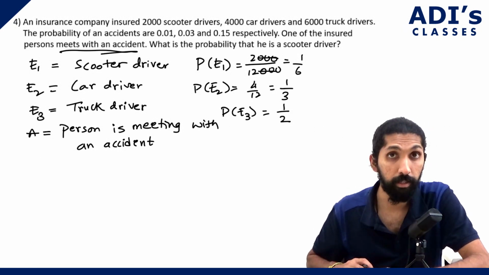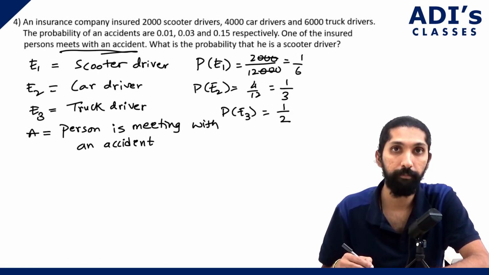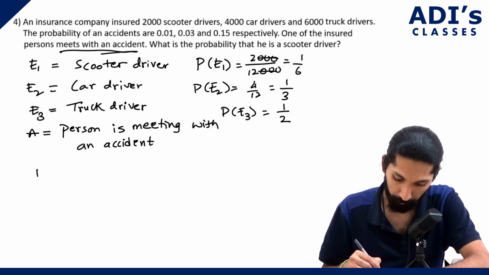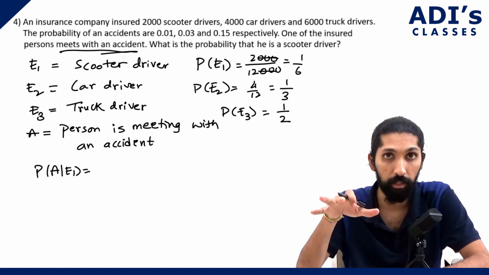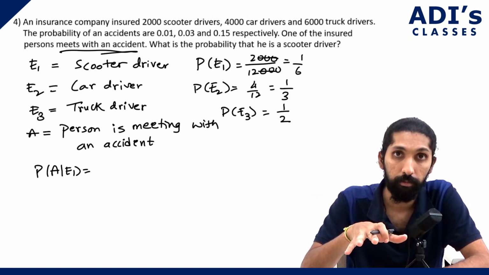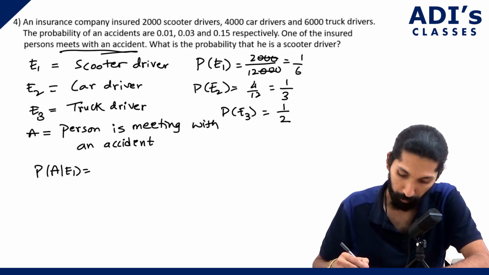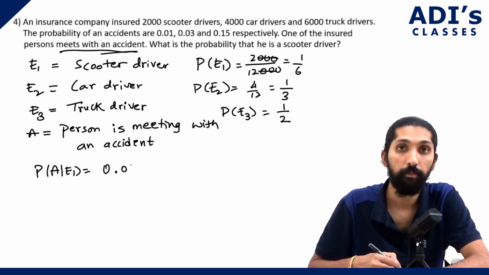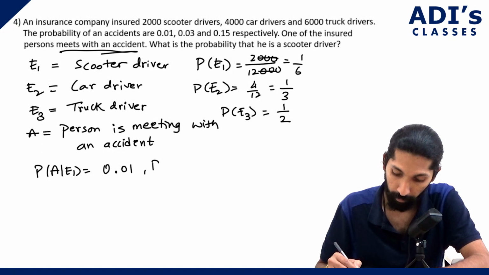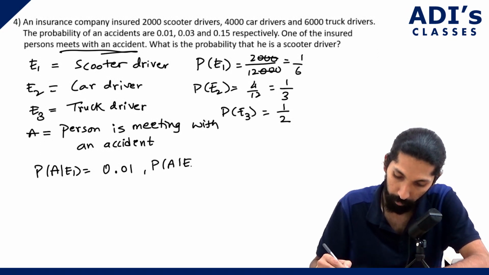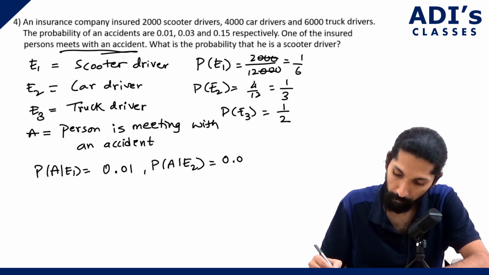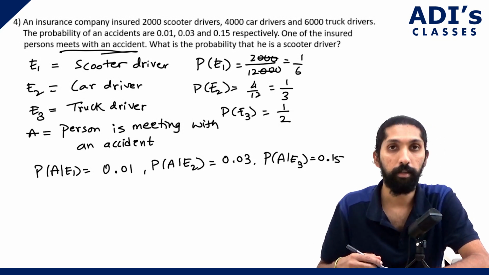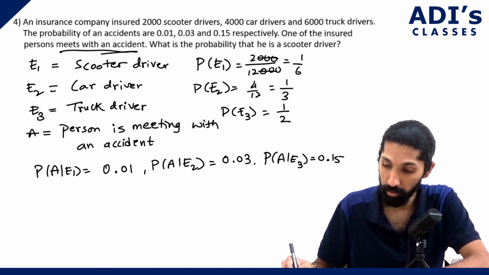Now P of A given E1, that's given to you, right? P of A given E1, that is the person meets with an accident and that is a scooter driver, right? So if that is the case, that's 0.01. Then P of A given E2 will be 0.03. P of A given E3 is 0.15. Correct? Now the question says what?